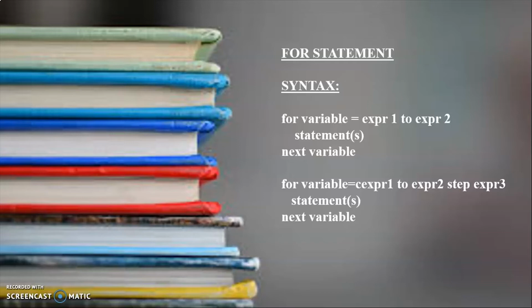At the start of the execution of a for loop, the variable is assigned the value of expression 1 and the specified block is executed. For example, in the second syntax you can see expression 1 to expression 2 step expression 3, which means that at the start of the execution of the for loop a variable is assigned, and it executes the condition.